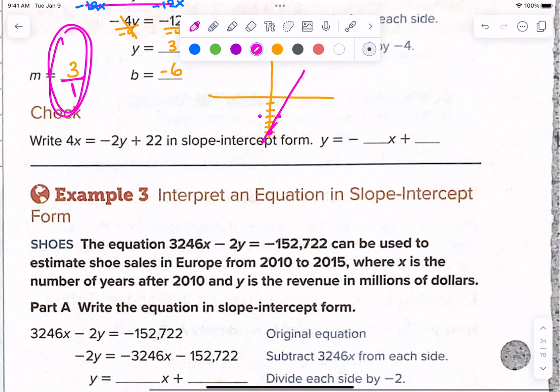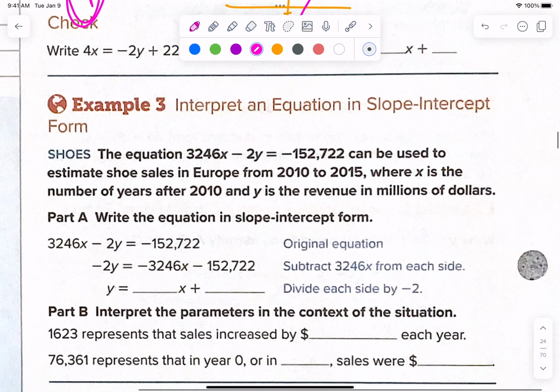Now, interpreting slope-intercept form, they give us an equation, and we're talking about shoe sales, all right? So this many x minus 2y equals that many, and this is shoe sales in Europe from the year 2010 to 2015. X is the number of years after 2010, and y is the amount of money that they're making for that, okay?